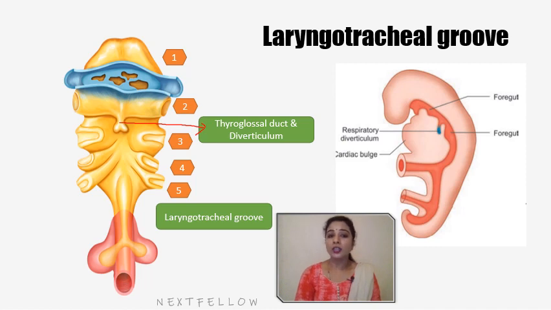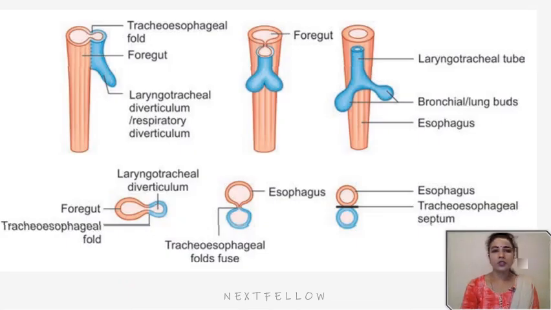The laryngotracheal groove deepens to form a longitudinal diverticulum called as laryngotracheal diverticulum or respiratory diverticulum. The tracheoesophageal septum is the septum which separates this laryngotracheal groove, the ventral portion, from the primitive esophagus, which is present on the dorsal side.